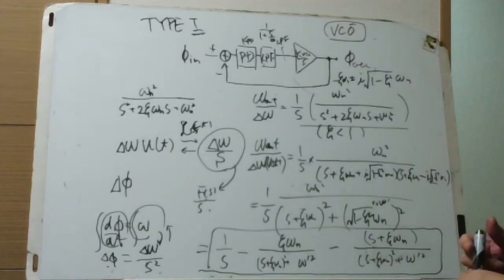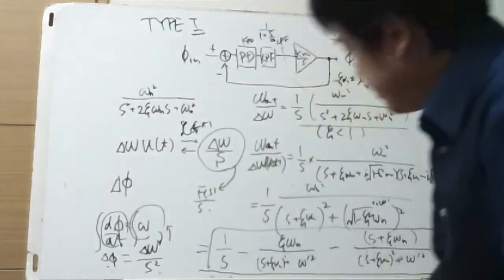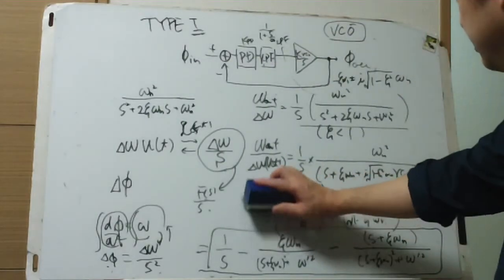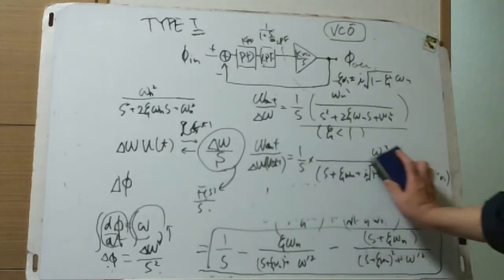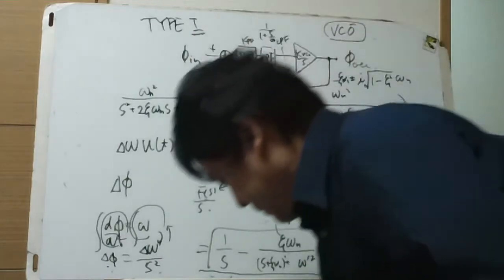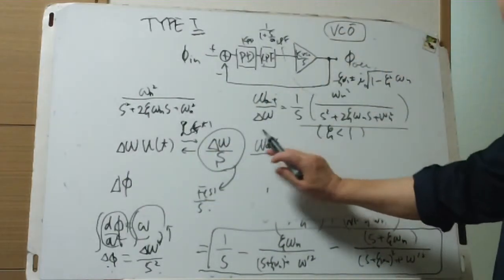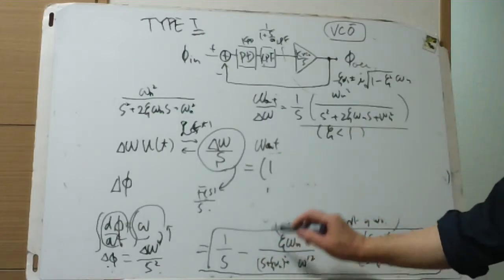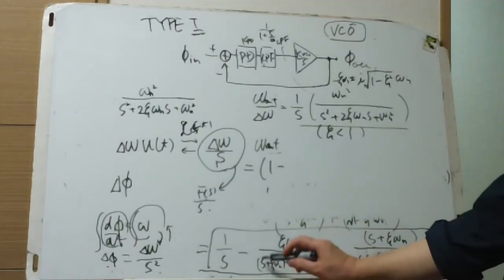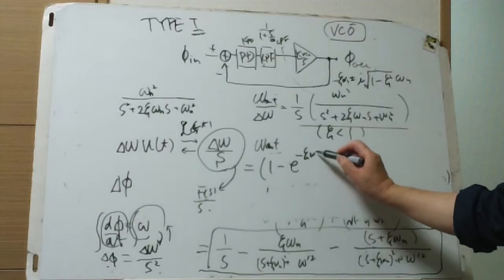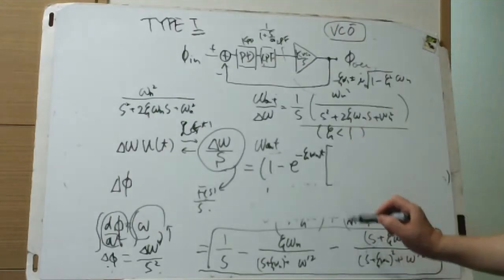Then we know the time representation, the inverse transfer function or inverse Laplace transform of this, which is 1 minus exponential minus zeta omega n t all over this.